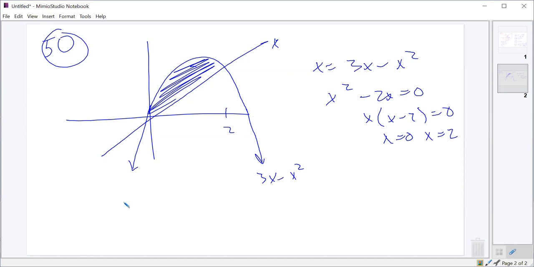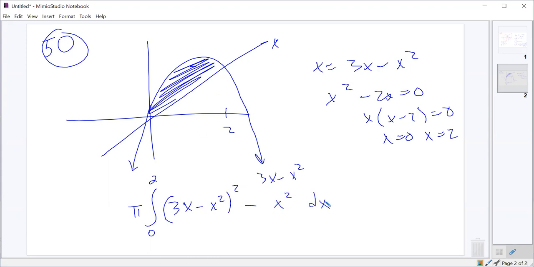Okay, and so this will be pi times the integral from 0 to 2 of the outer radius squared. And our outer radius is just the upper function, which is 3x minus x squared, minus our inner radius, which is just x.